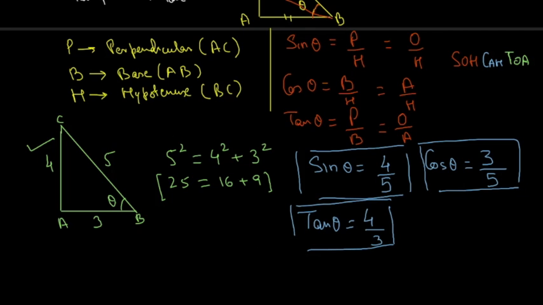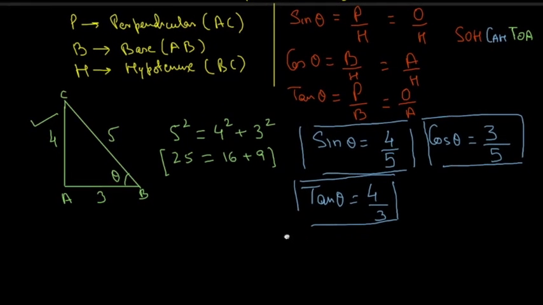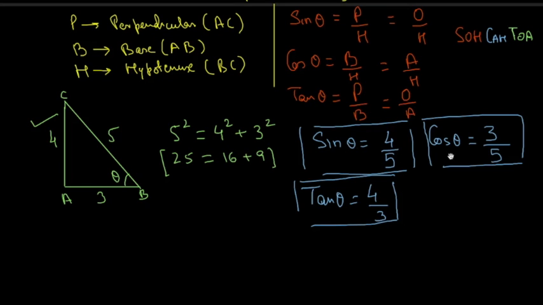Now, I'm not sure whether you have been able to find the relationship between sine, cos and tan. Just understand this. Here sine theta is 4 by 5, cos theta is 3 by 5, tangent theta is 4 by 3. If you look at sine and cos carefully, we can find a way whereby the 5 cancels 5 and we get the result 4 by 3. How will you get it? Take sine theta divided by cos theta.